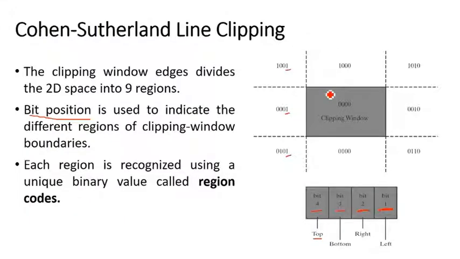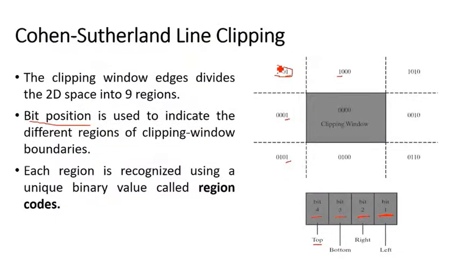Since this region is on top of the clipping window, I set this bit. If you see, this region has the code 1001, meaning since the top bit is set, it is in the top, and since the left bit is set, it is in the left. Likewise, I assign all the region codes for these 8 regions around the clipping window.